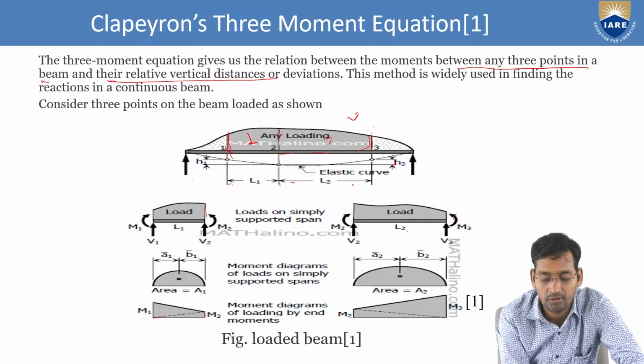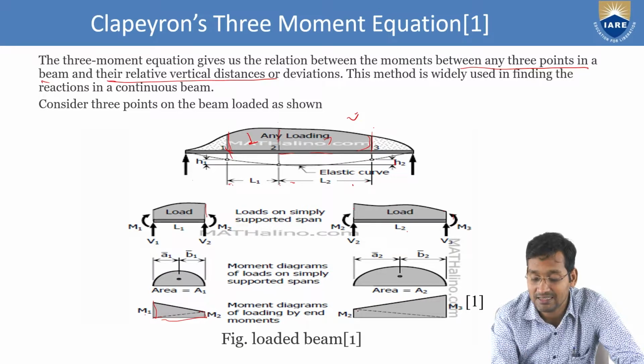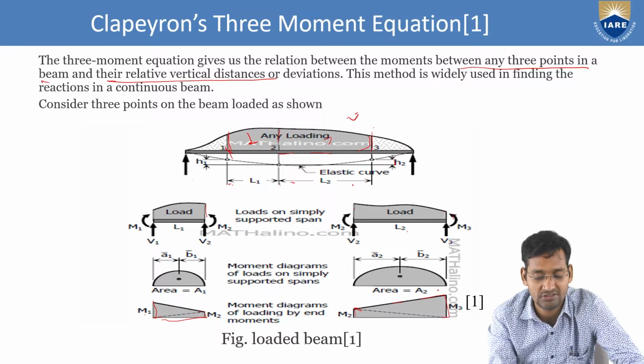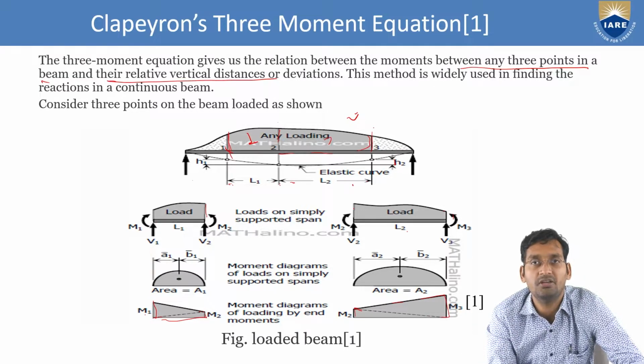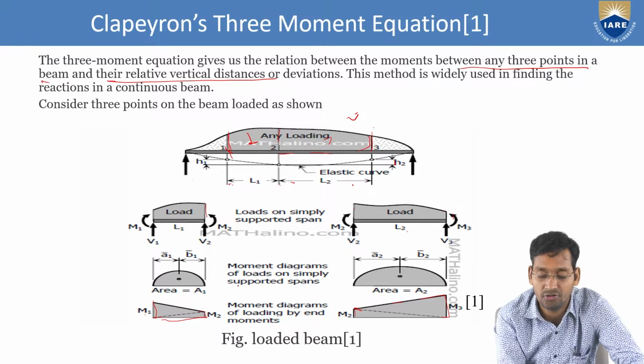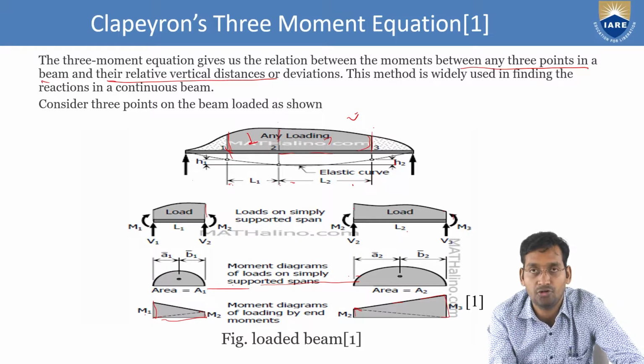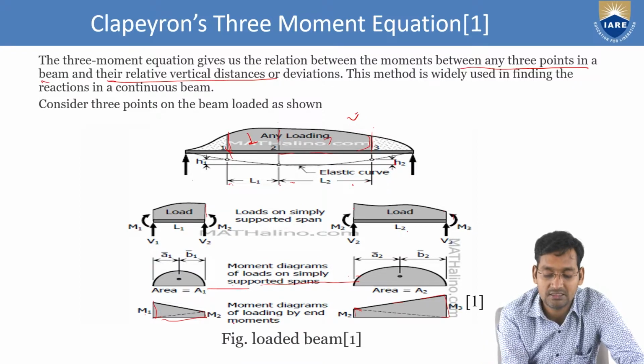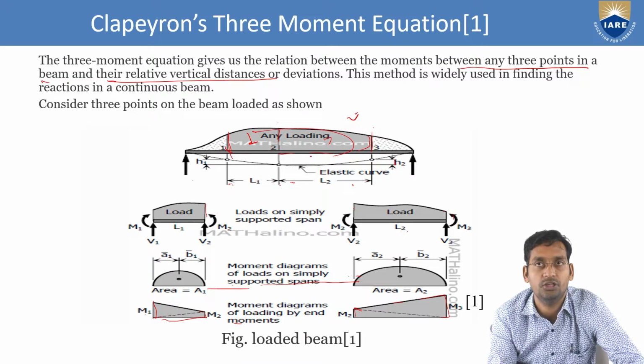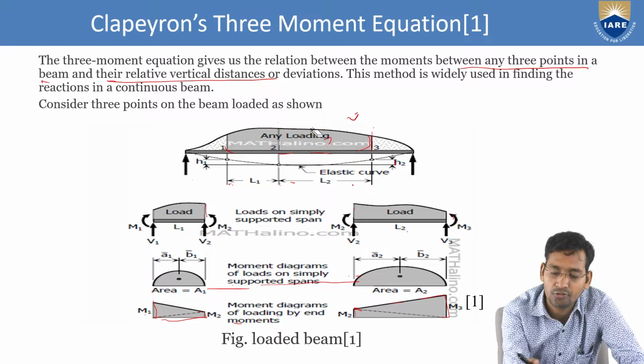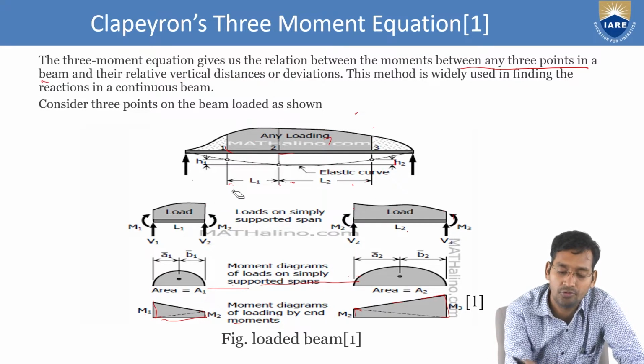In this case M2 is again smaller, so M2 will be here and M3 is this one. This is the moment diagram of loading by end moments. This one is the moment diagram of the load on the simply supported span, and this is because of this load only.